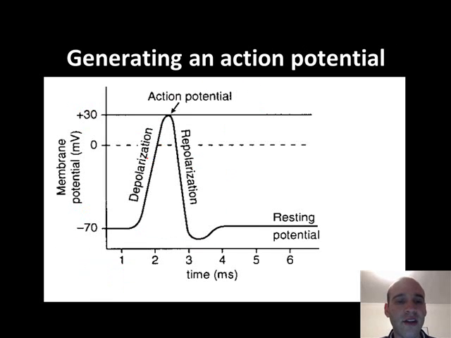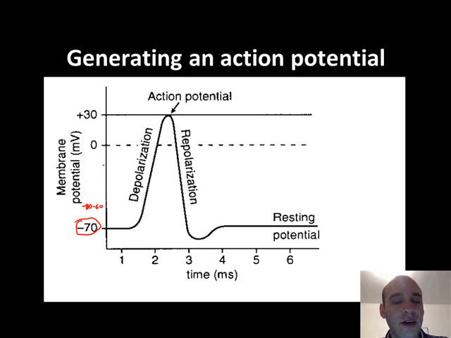This allows us to start thinking about generating an action potential. As you can see, the membrane potential, meaning the difference between both sides of the membrane, in many axons or nerves is somewhere between -70, or really -80, and about -60. So it tends to lie somewhere between there.